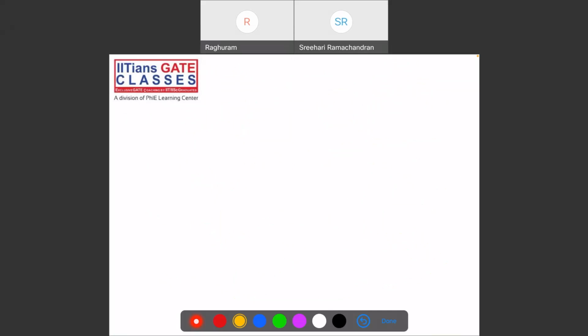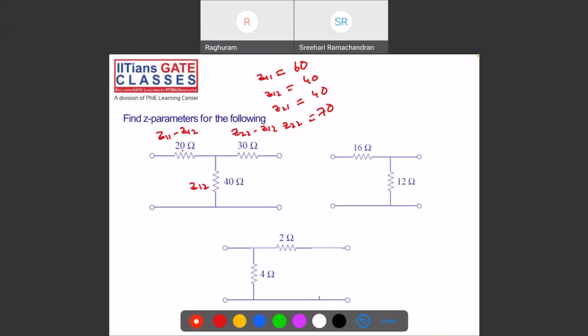Next, the second one. For this, tell me Z11, Z12, Z21, Z22. You have the T equivalent again. Remember, this is Z12, Z11 minus Z12, Z22 minus Z12. In this, what is missing? See the circuit, the second one, this term is missing, right?